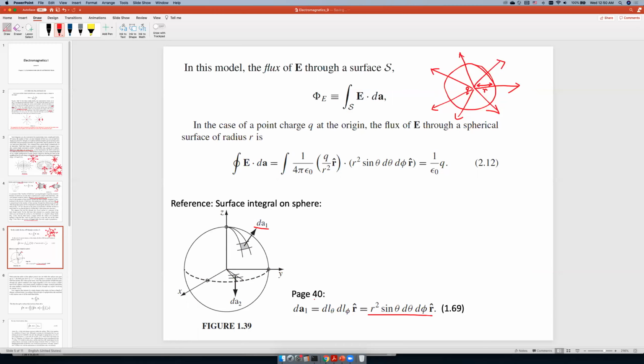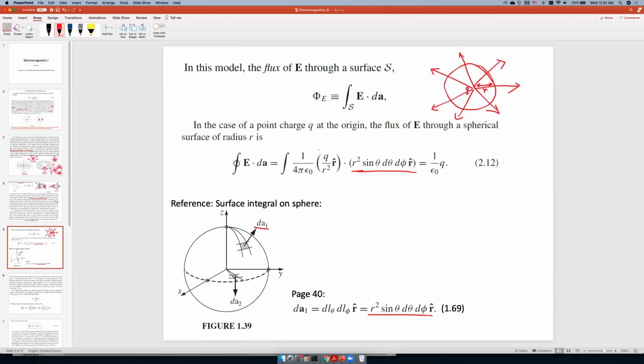If you forgot, please go to page 40 of your textbook. We have introduced this idea in chapter 1. The conclusion is that dA is something like that, and then you plug in dA here, and this is R squared. Here is another R squared, so they cancel out.